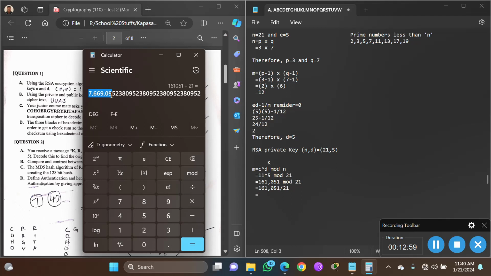After getting that, get rid of the decimal places, then you say times the denominator, which is 21 in our case. So now this will be 7,669 times 21, which is this.